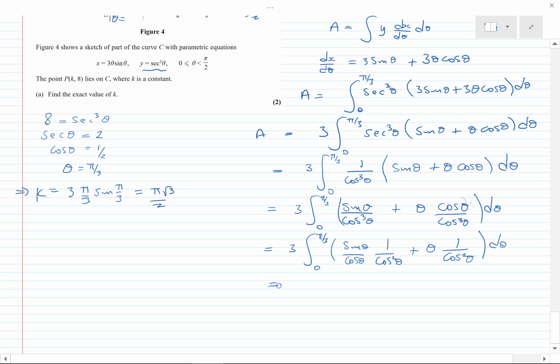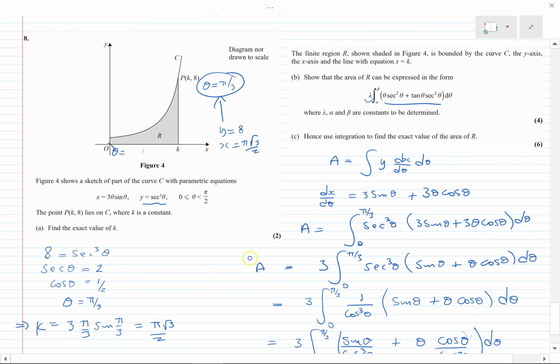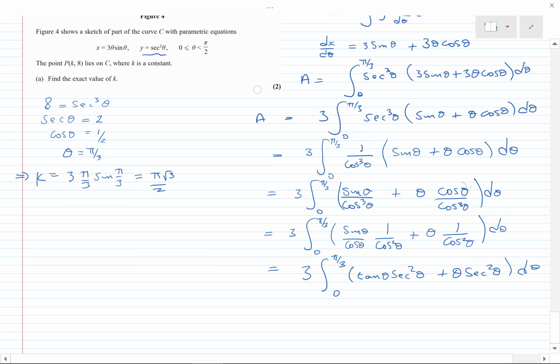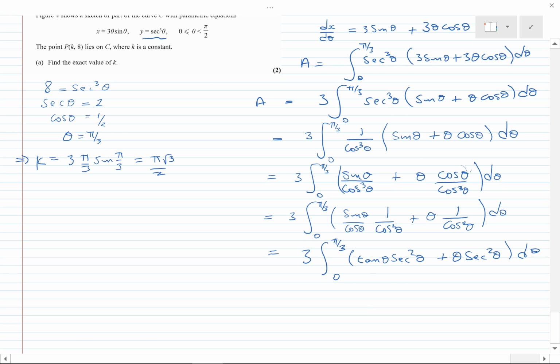So now we've got to where we want to be. So that's 3 times the integral from pi over 3 to 0 of tan theta sec squared theta plus theta sec squared theta, which is exactly, well, written the other way around, but that's basically what we've been asked to prove. Okay, so that's part of that.